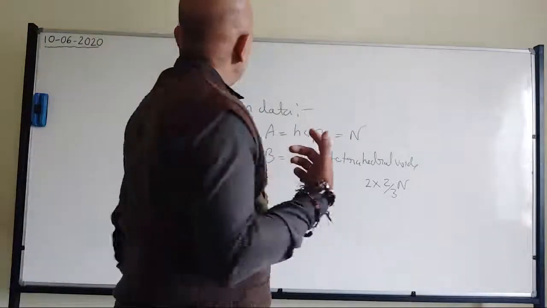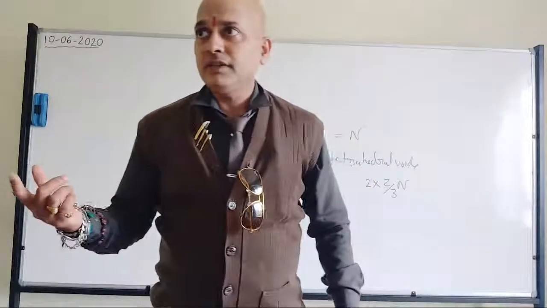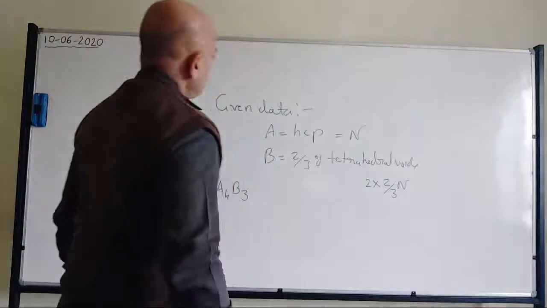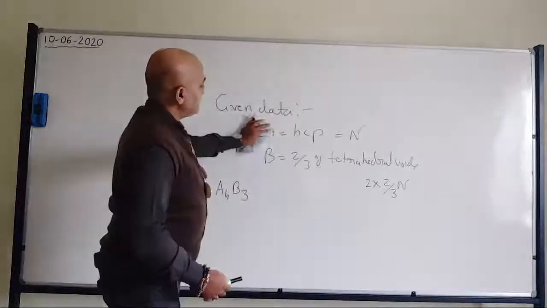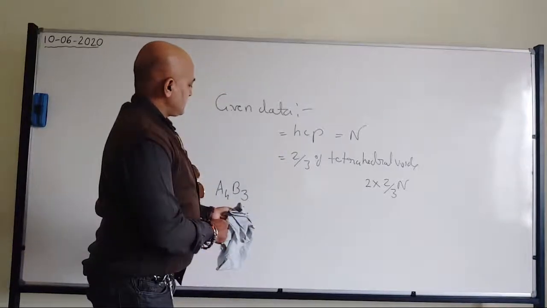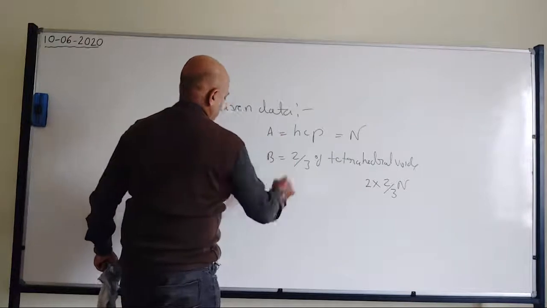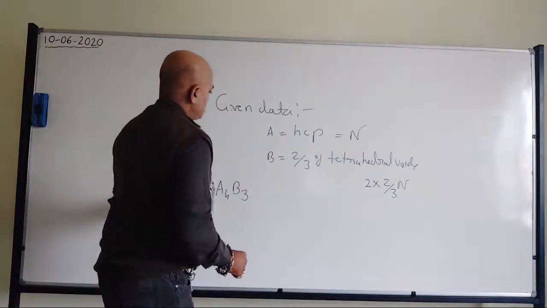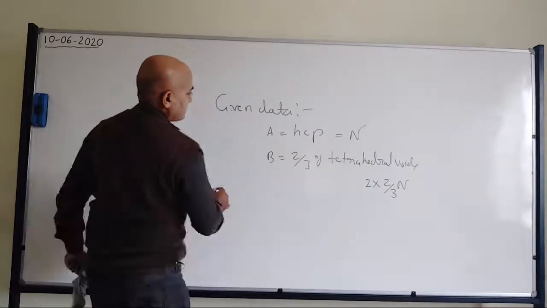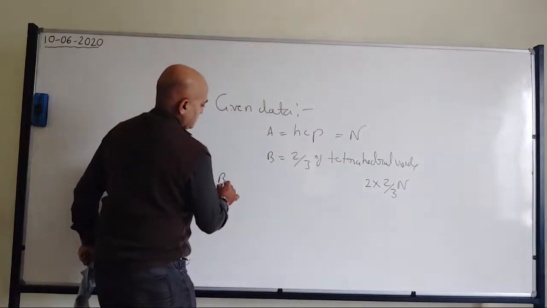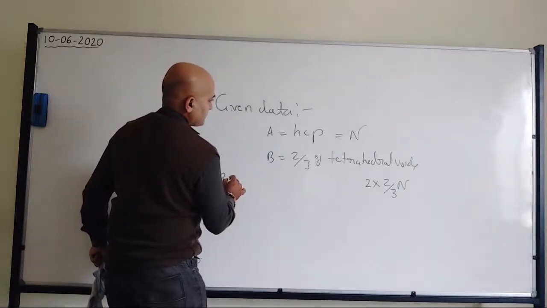B occupies HCP structure. What have I given? B occupies HCP structure, I told. Oh, then it should be reversed, no? Okay, fine. The formula should be reversed, A4B... here it should become B4A3, no?